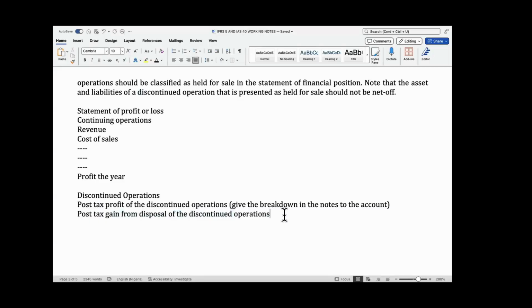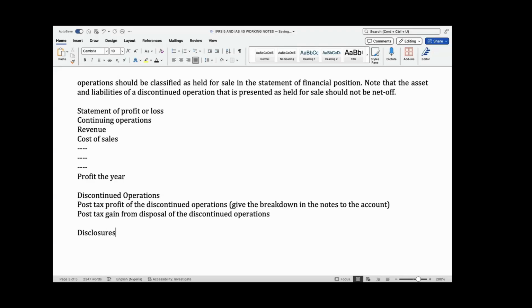And for the assets and liabilities of that discontinued operation, present them separately, just like I taught you under non-current assets held for sale, in the statement of financial position. The assets presented separately under assets, liabilities presented separately as liabilities. And that is it for discontinued operations.